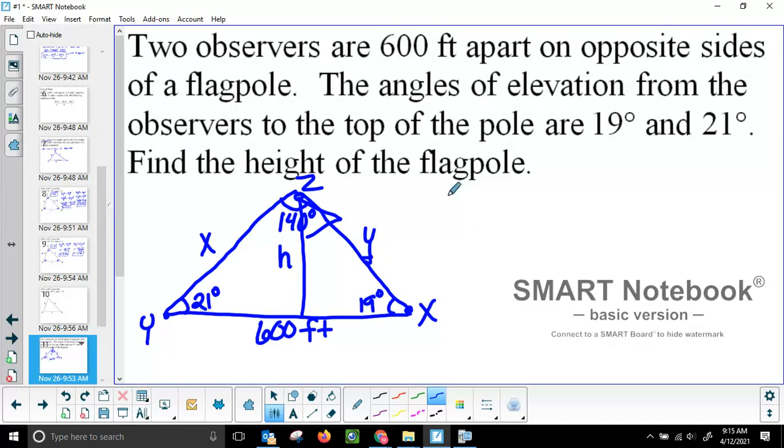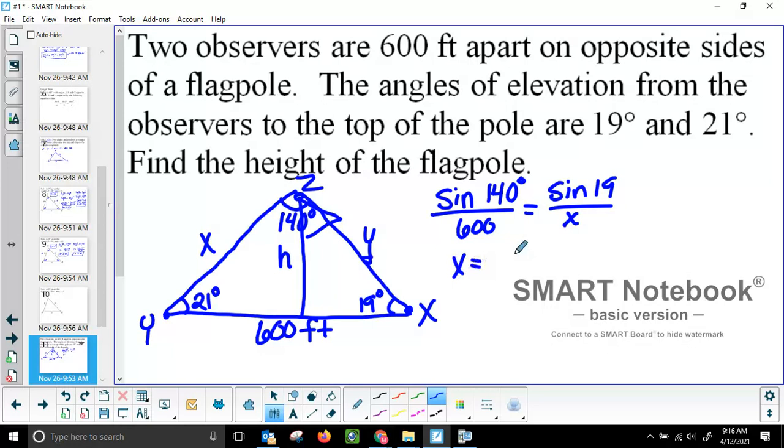So we'll say sine of z, which is 140, over side z, which is 600, has to equal sine of angle x, which is 19, over side x, which is what we're looking for. Again, we can cross multiply and divide by the sine of 140.